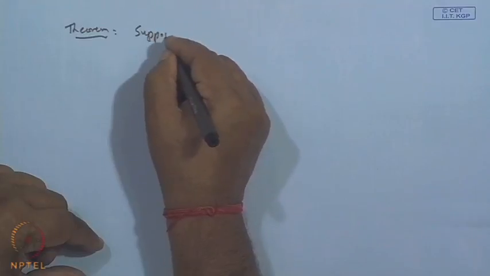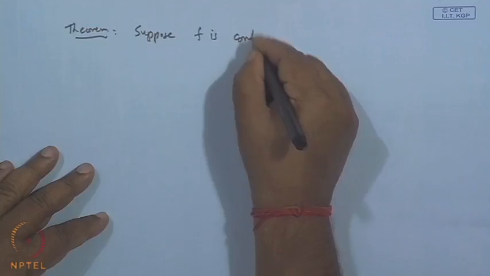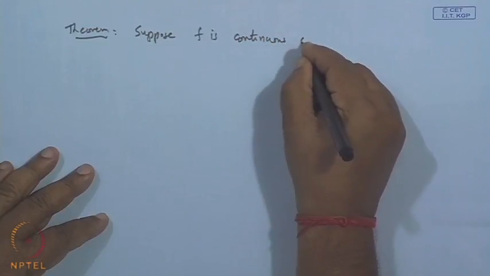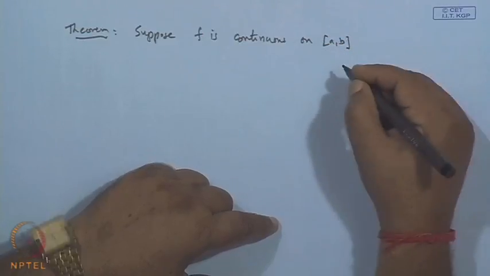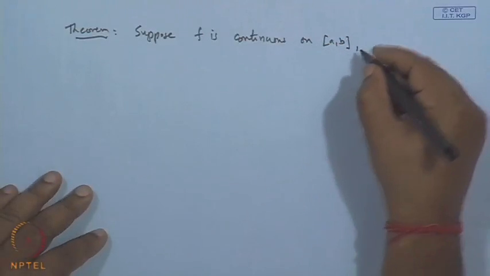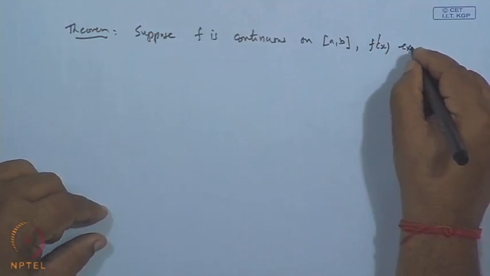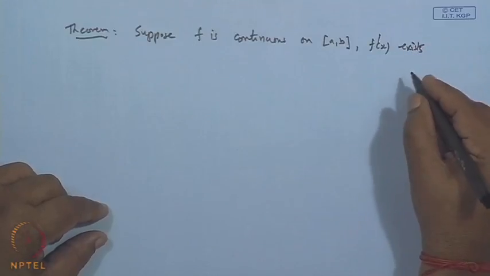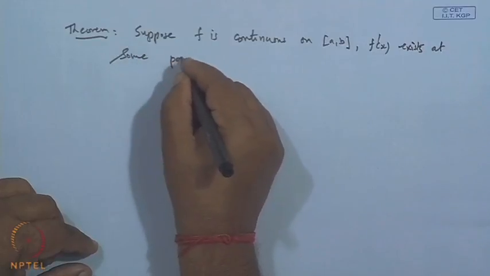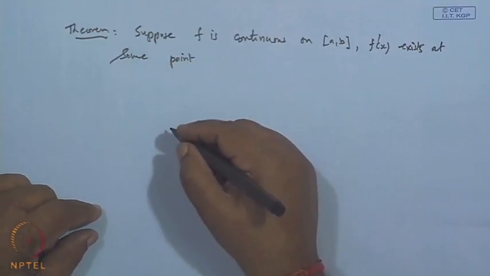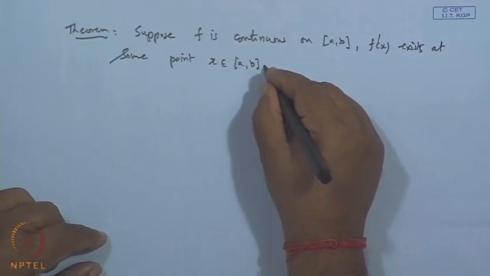Suppose f is continuous on the closed interval [a, b], and let f prime x exist at some point x belonging to [a, b].